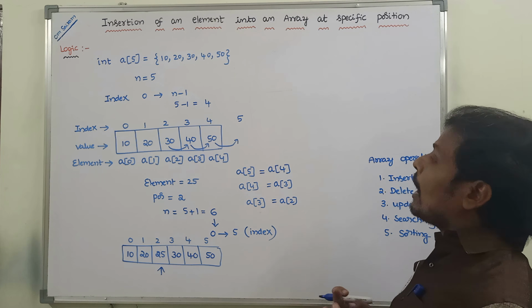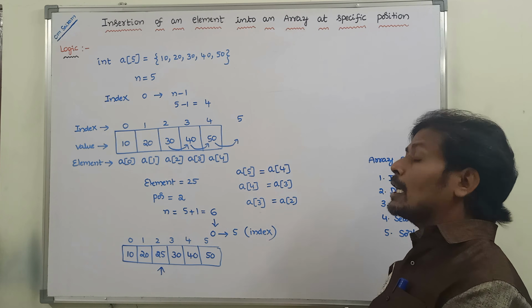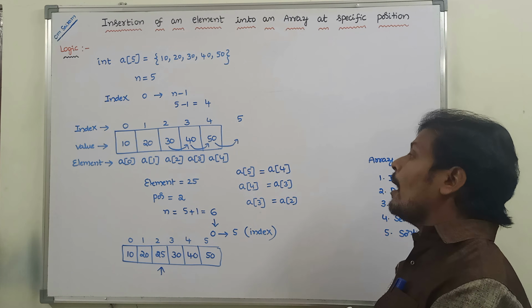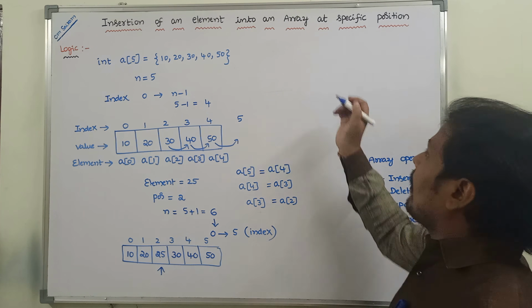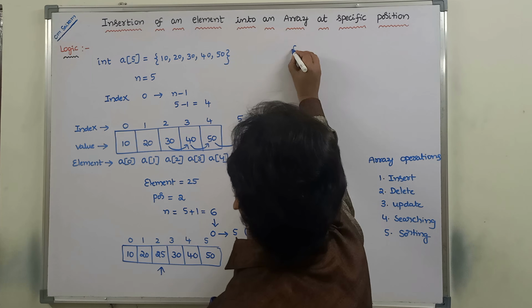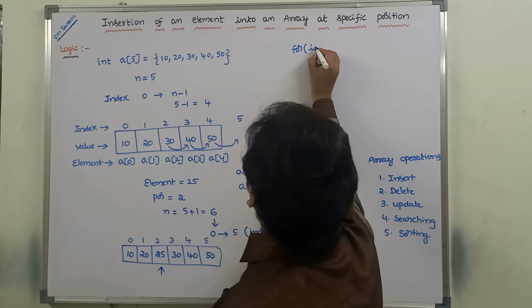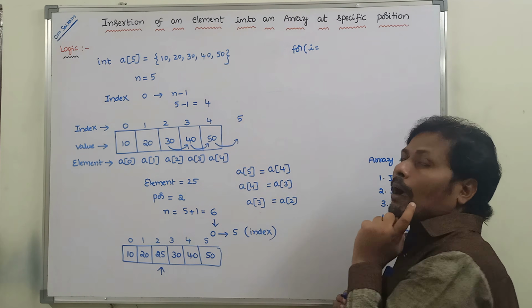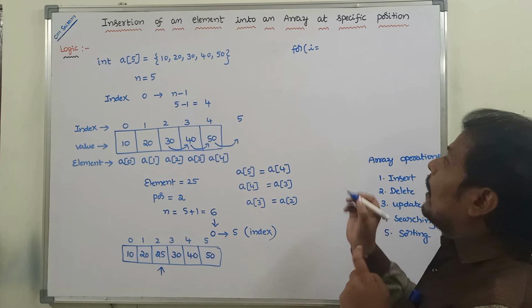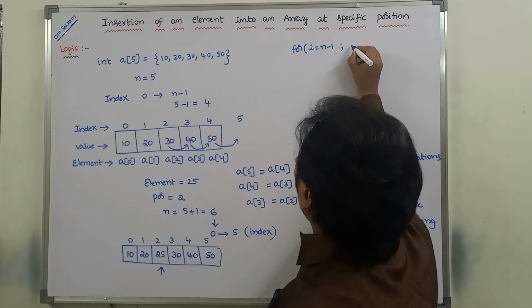Okay, now what is the code we have to use for moving one position to the right from the POS onwards? The logic is here. I am starting the I value from n minus 1. From the fourth position onwards, we are starting I is equal to n minus 1.